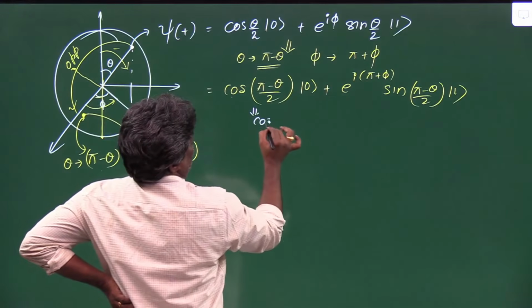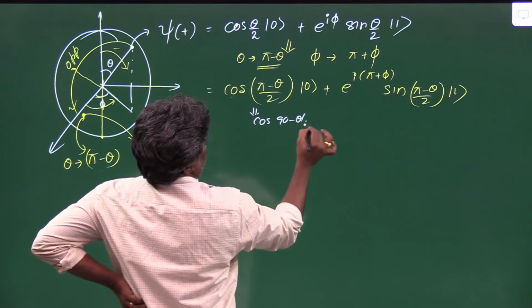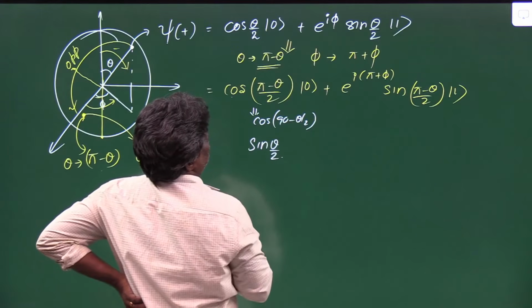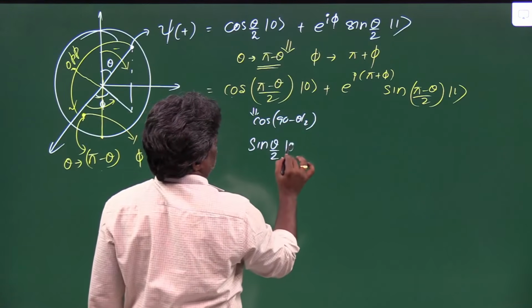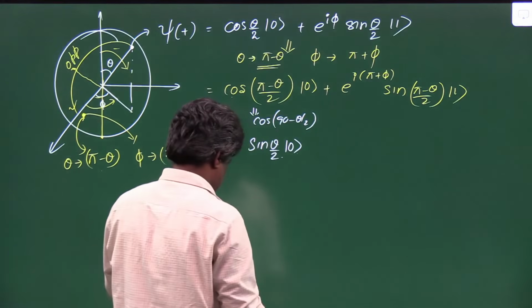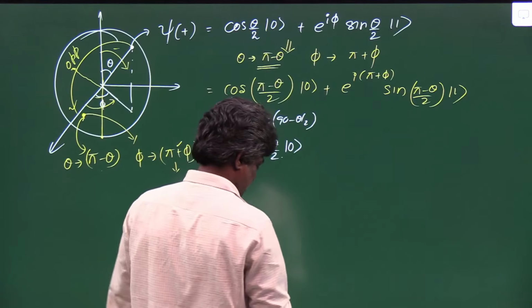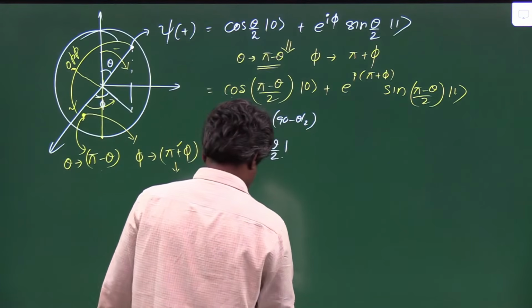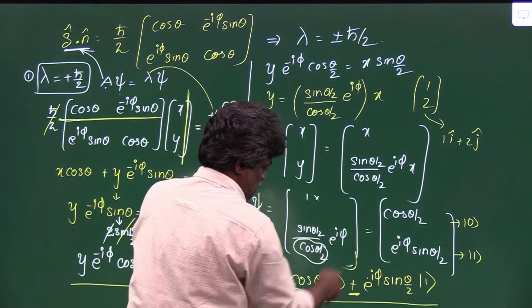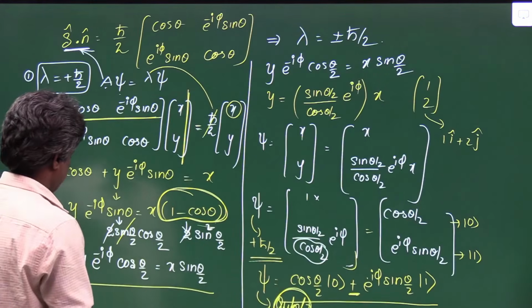Cos of 90 minus theta by 2 is nothing but sin theta by 2. So, sin theta by 2 ket 0. I don't know why you didn't get this earlier. You should get a reverse also. I mean, this sin theta by 2, cos theta by 2 also should be reversed.